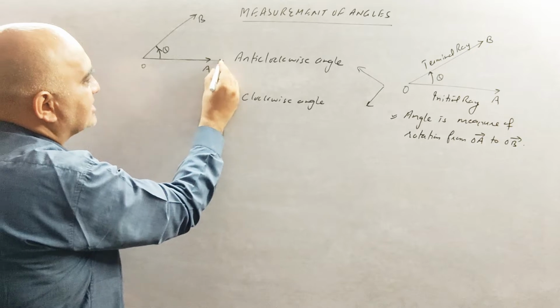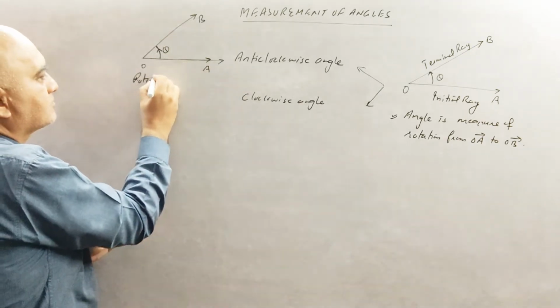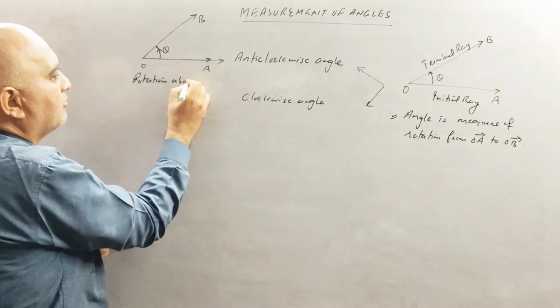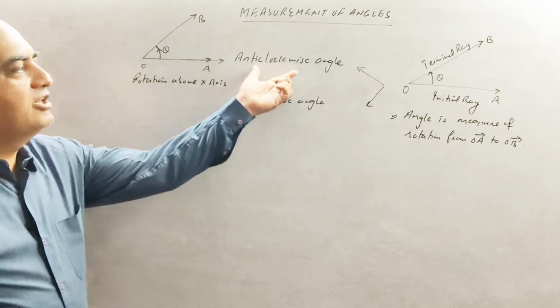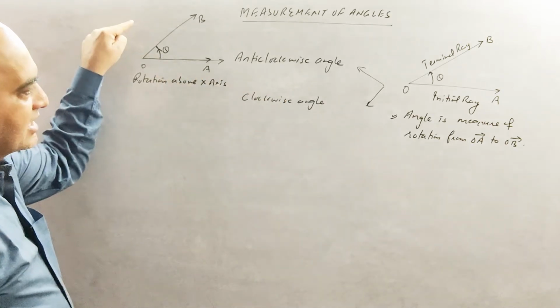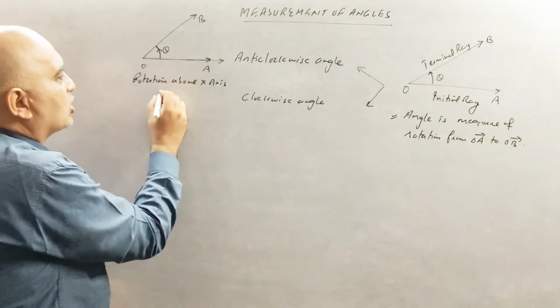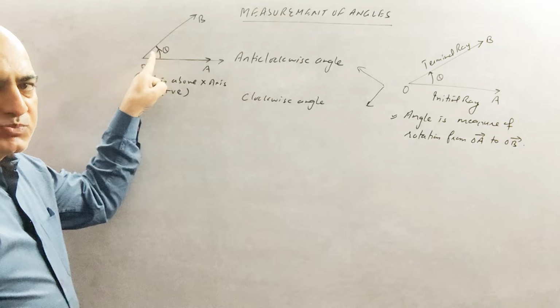Suppose this is our x-axis; the rotation above the x-axis represents the anti-clockwise rotation. And this angle is always taken as positive.